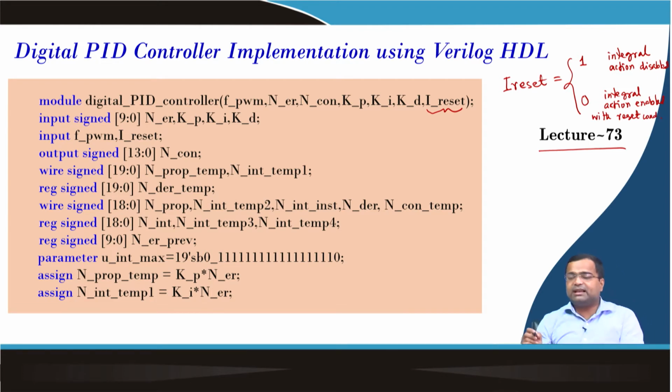That means integral action disable means it is reset, basically it is set to 0.